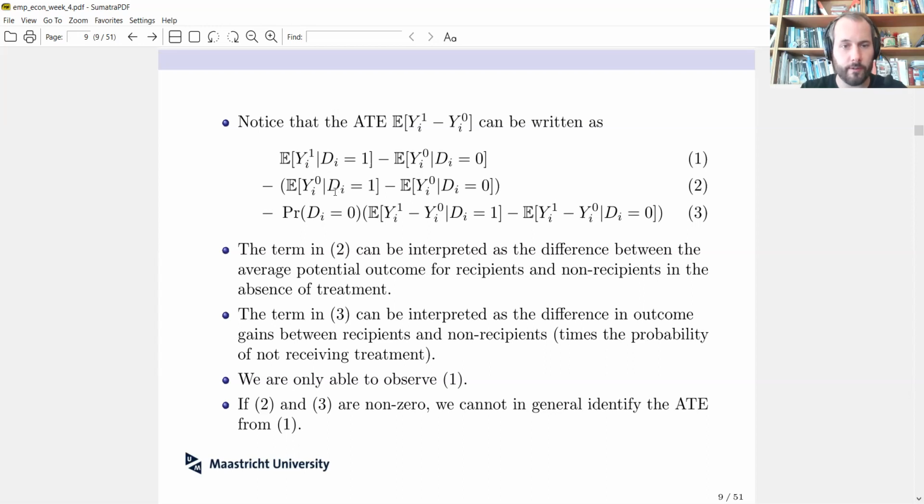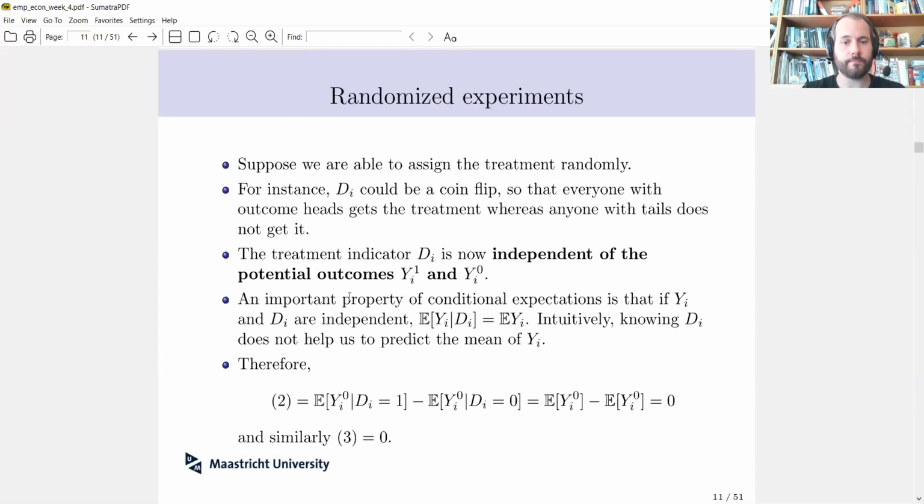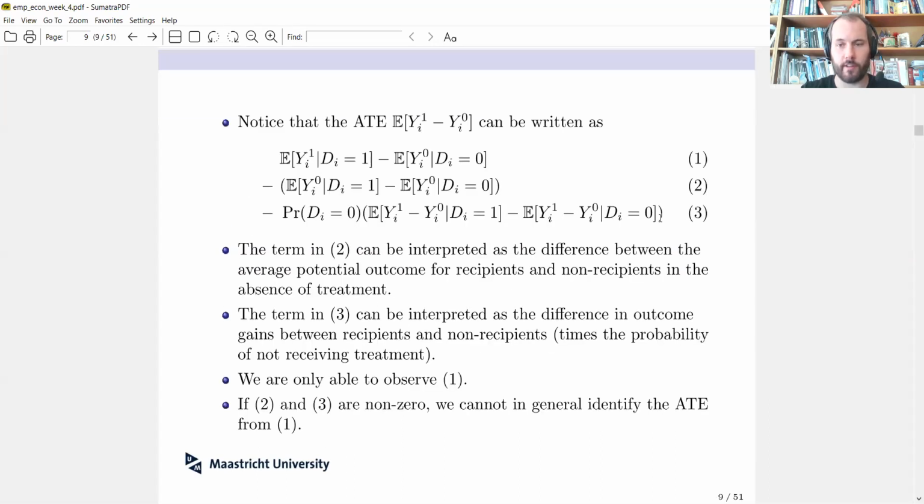The independence holds for any value that DI can take, and therefore I write this simply as the unconditional expectation, so there's no difference anymore, and this becomes 0. And with a similar argument, we can show that the equation in 3 becomes 0.